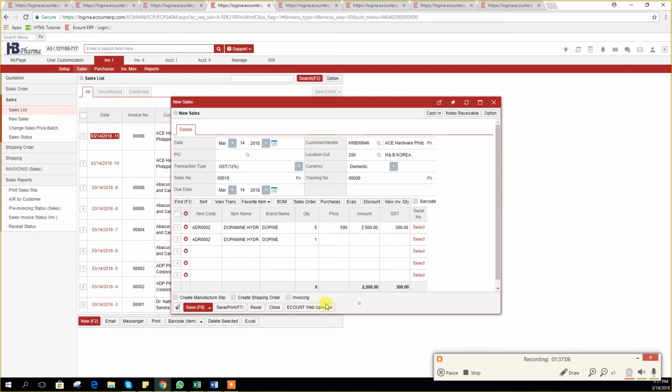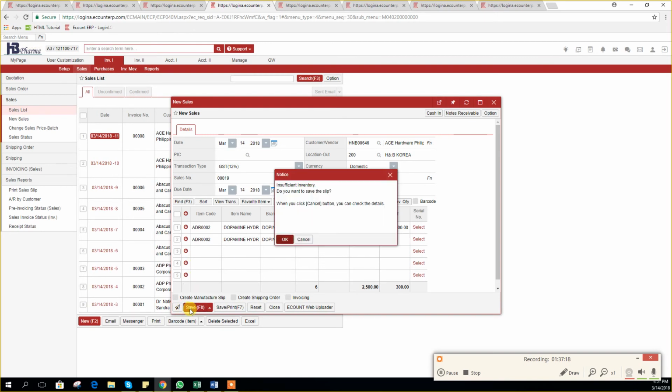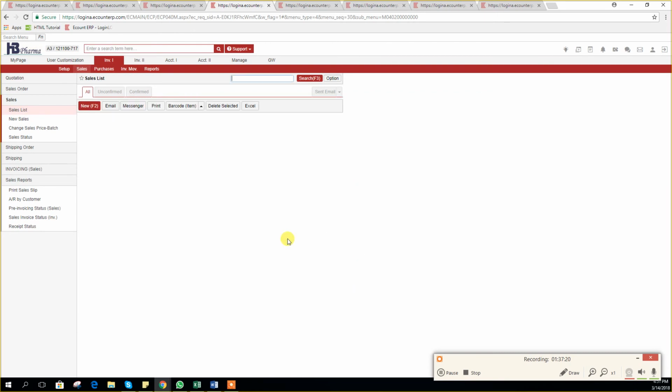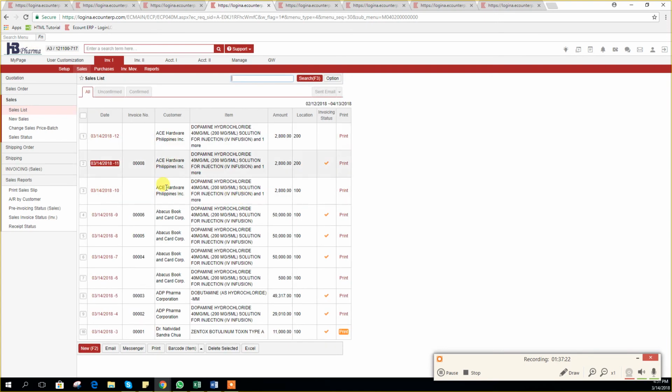Okay, I uncheck this, nothing inside here. So now I take this one from HNB Korea, and another one is from my other warehouse. So I have one from location 200 and another one from location 100. Now how do I do the invoicing for these two?